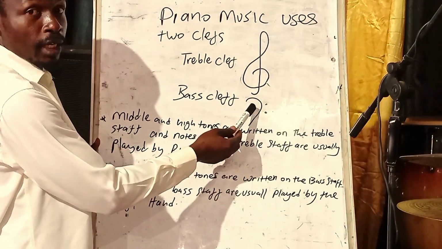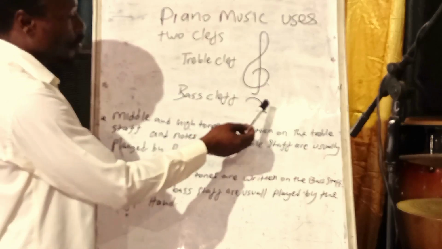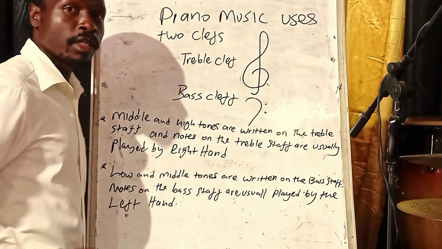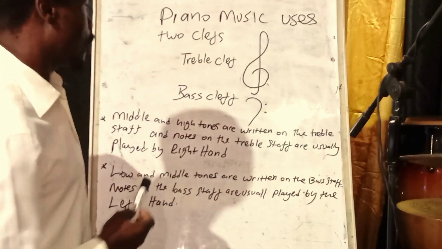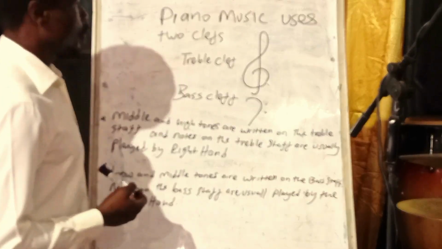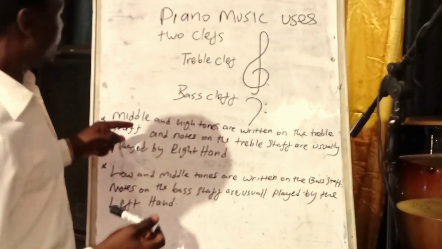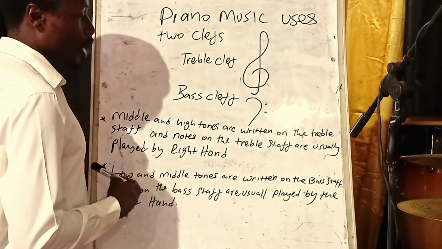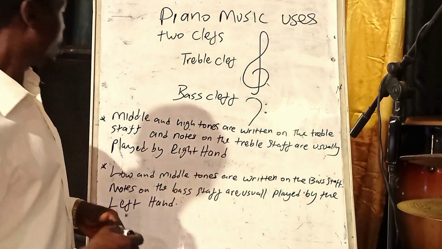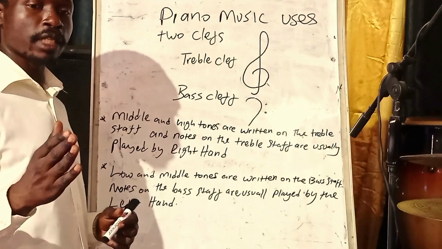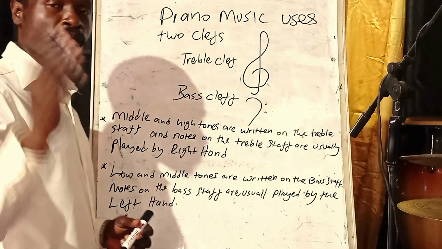The other one is the bass clef, which looks like this. It's like a question mark. It's called a bass clef. Then middle and high tones are written on the treble staff, beginning from middle C.